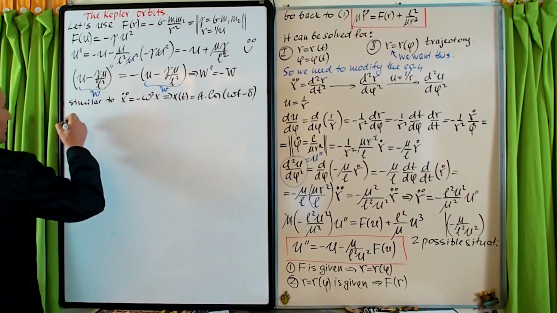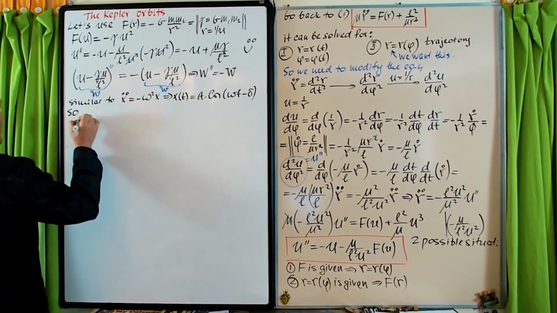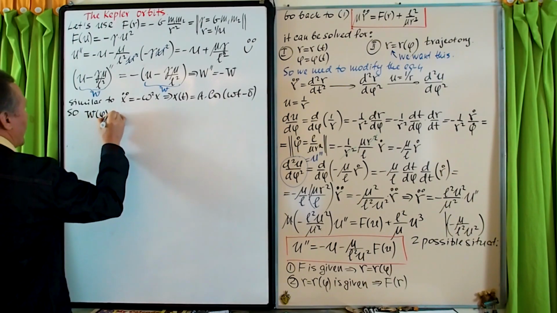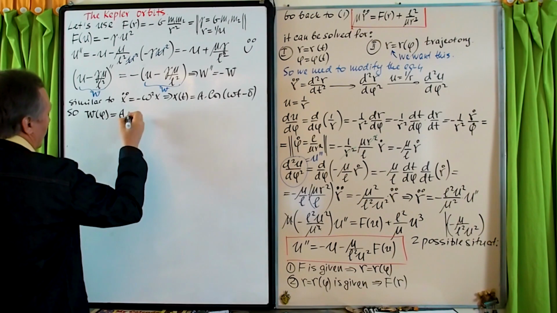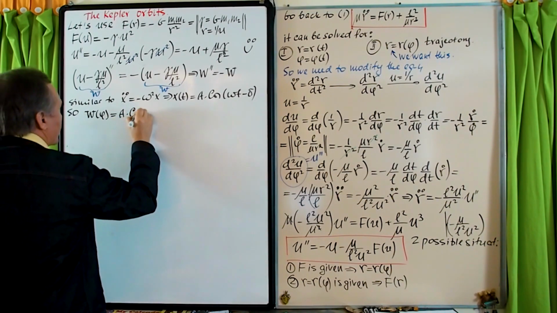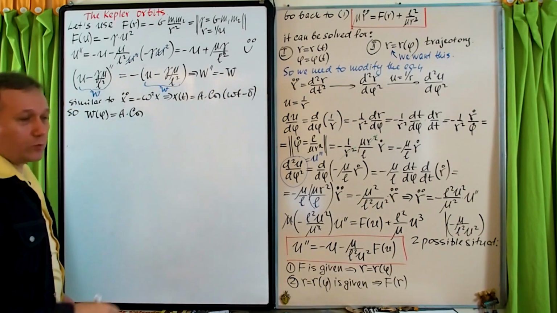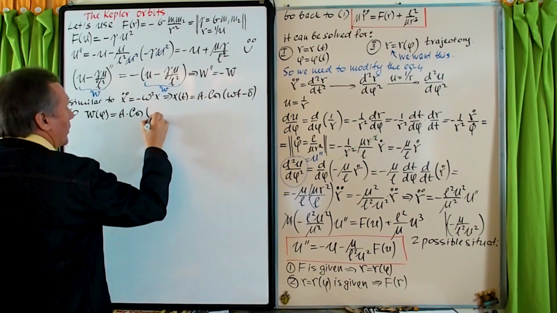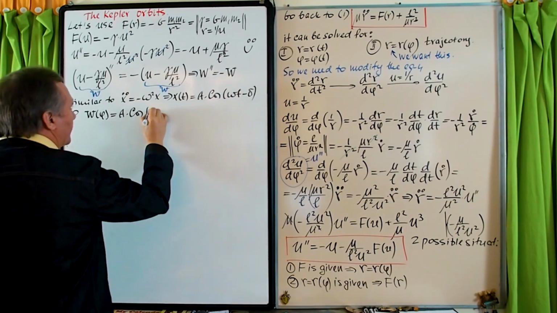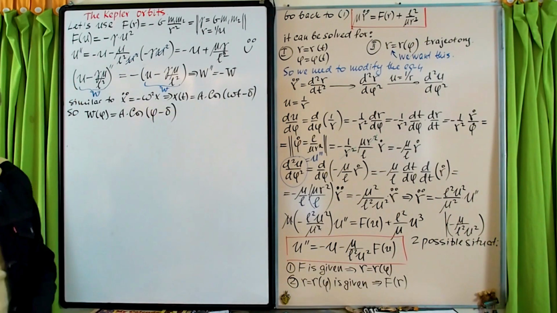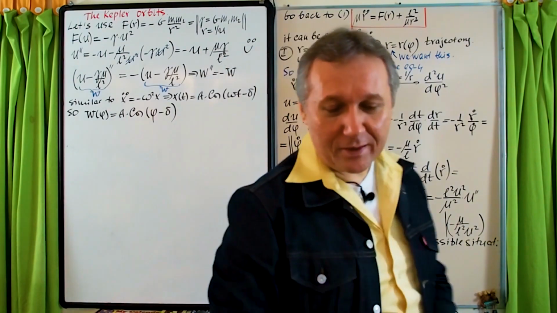So we can write w as a function of phi equal to some constant A, a constant of integration, times cosine. Our omega is 1, so it will be just 1, and then instead of t, phi, minus a second constant of integration. So that's the solution for w.